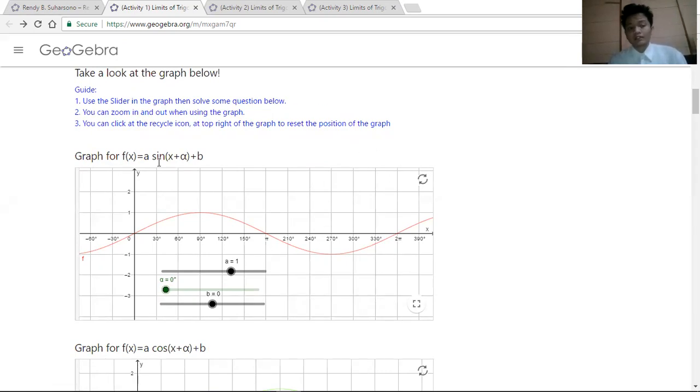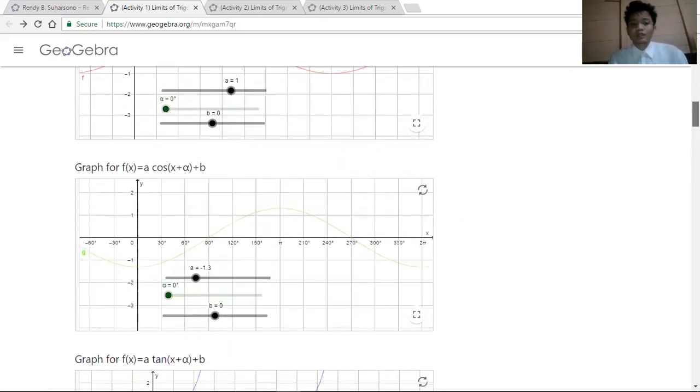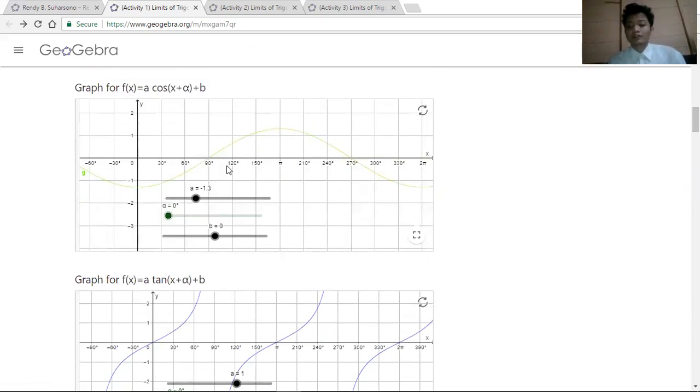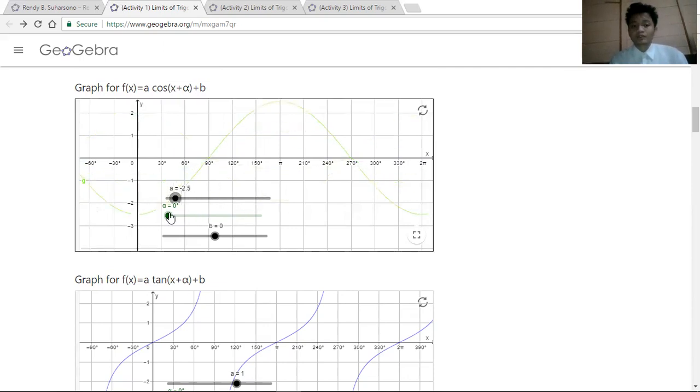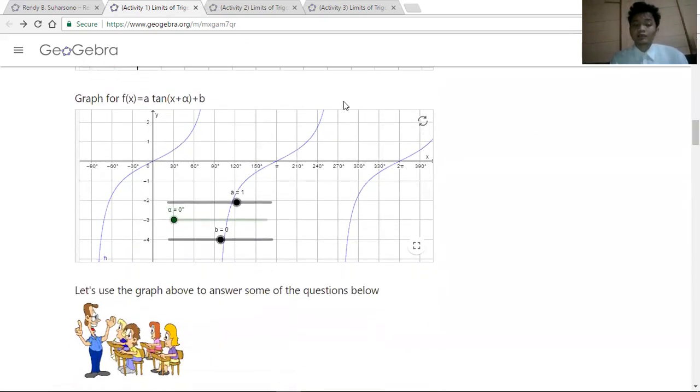Graph for function f(x) equals a sin(x plus alpha) plus b. Use the slider. Graph for function f(x) equals a cos(x plus alpha) plus b. Use the slider. Last is graph for function f(x) equals a tan(x plus alpha) plus b.